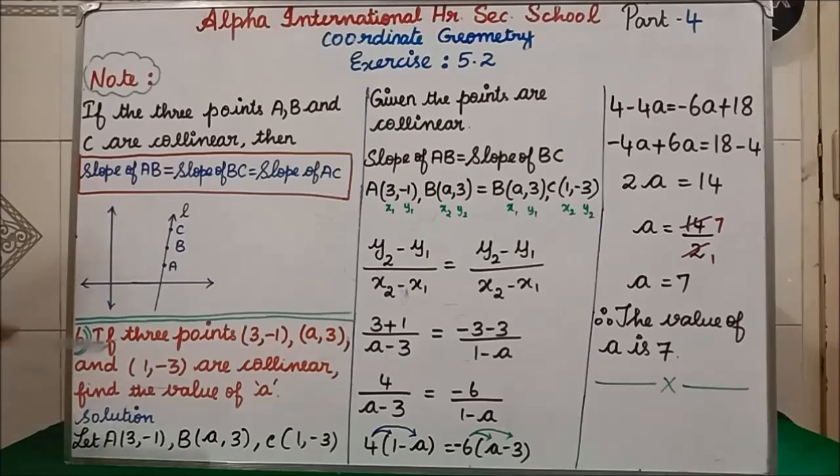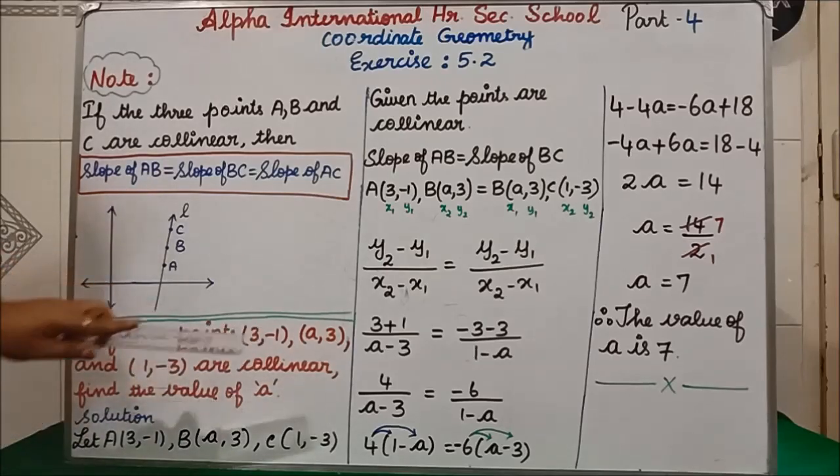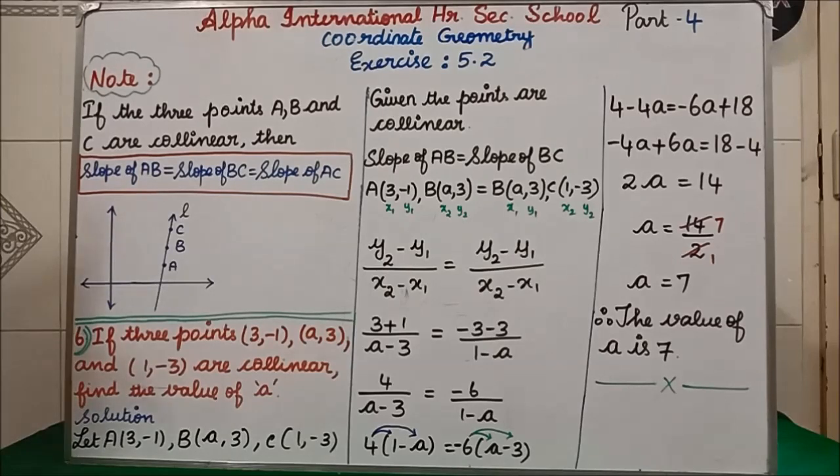In the question itself they have given that the points are collinear. So given the points are collinear, which means any two I can take, as I told you. I am taking slope of AB equal to slope of BC. You can take slope of BC equal to slope of AC; the same answer you will get.